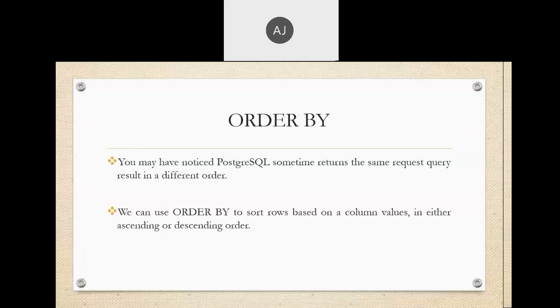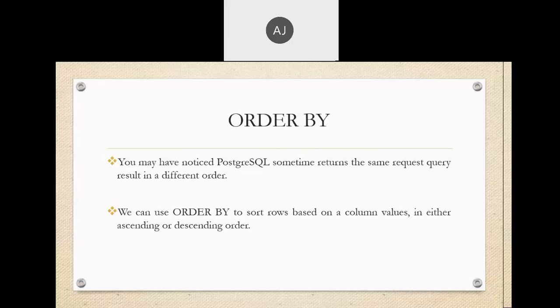For example, if your records start from A and then B, we require alphabetical order, ascending or descending. For that, ORDER BY is used. So the main purpose of ORDER BY is nothing but sorting.